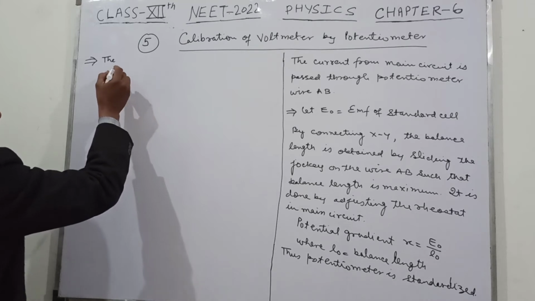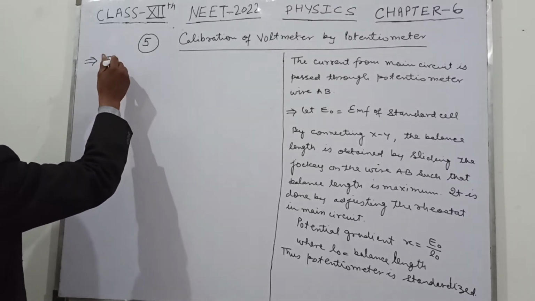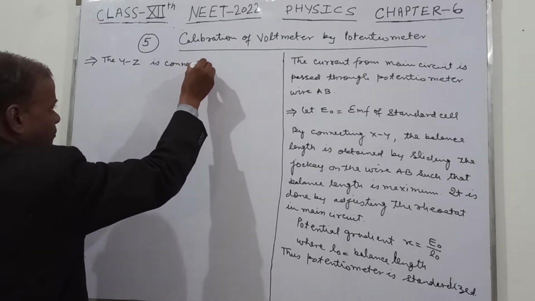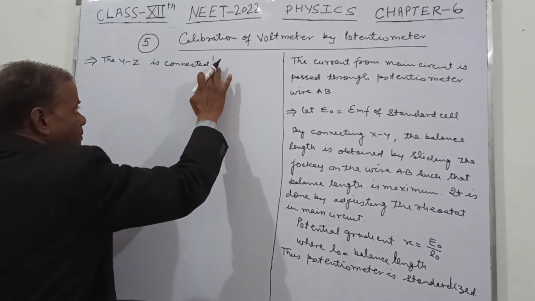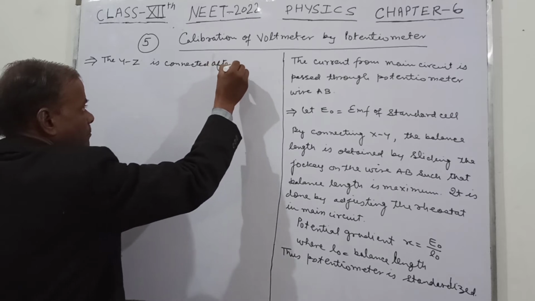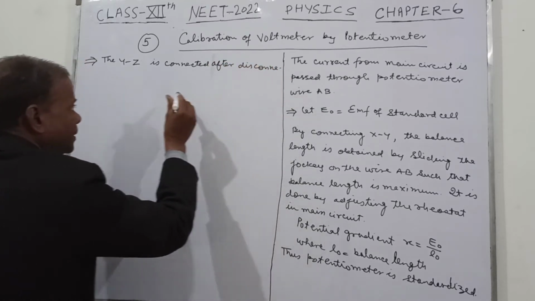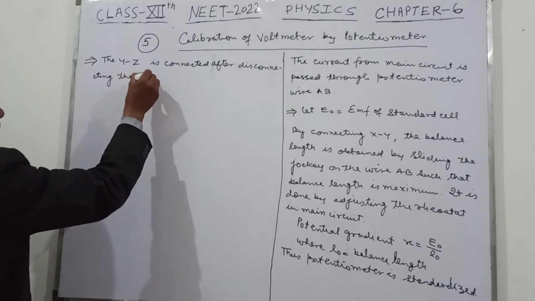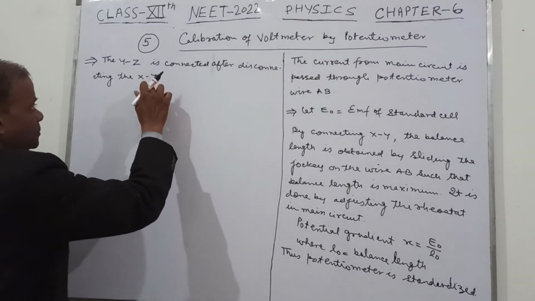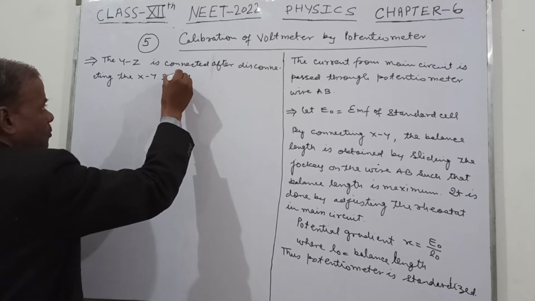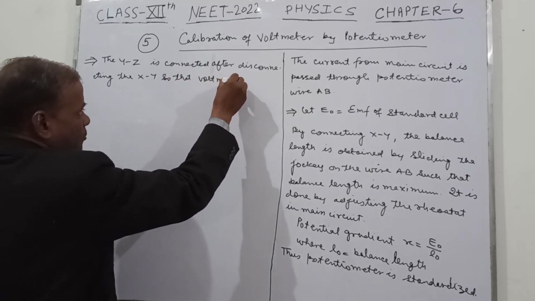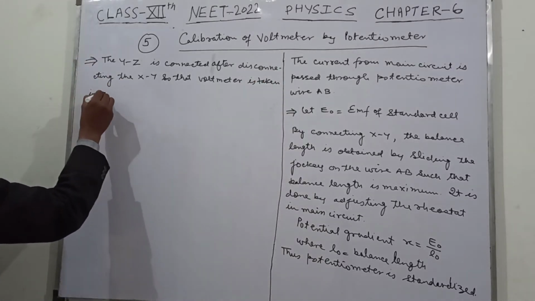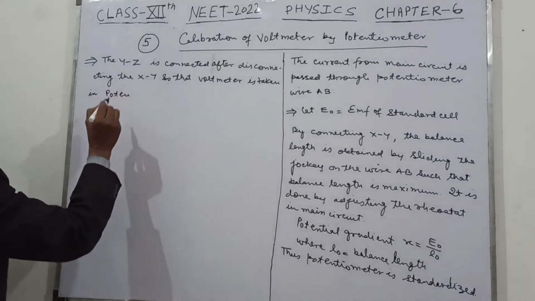The x by z is connected after disconnecting the x by y, so that the voltmeter circuit is taken in the potentiometer circuit, in the main circuit.